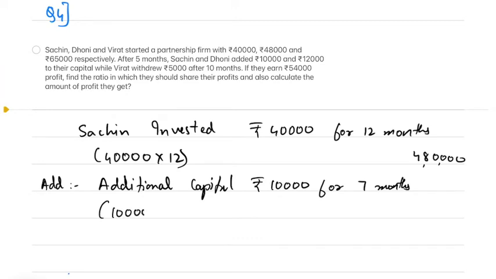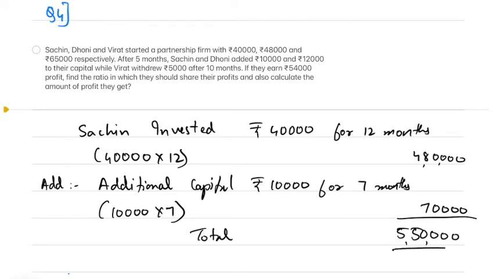So 10,000 was invested for 7 months, which is 70,000. So Sachin's total capital, it's not actually total capital. So amount invested is, we are doing this only to calculate the ratio. Okay. So total comes to 5,50,000.